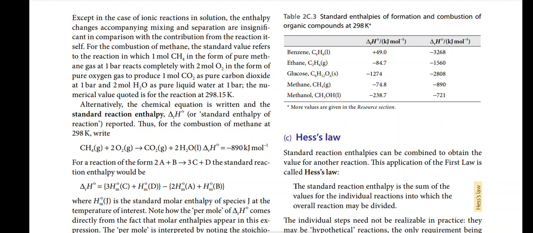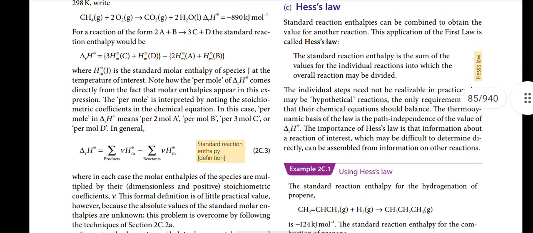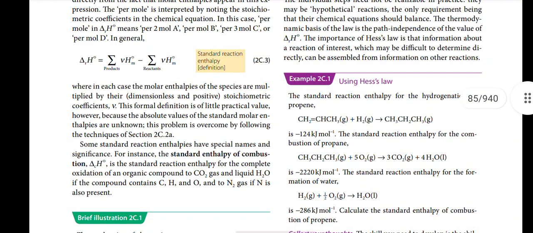Note how the per mole of delta R H naught comes directly from the fact that molar enthalpies appear in this expression. The per mole is interpreted by noting the stoichiometric coefficients in the chemical equation. In this case, per mole in delta HR naught means per 2 mole A, per mole B, per 3 mole C, or per mole D.